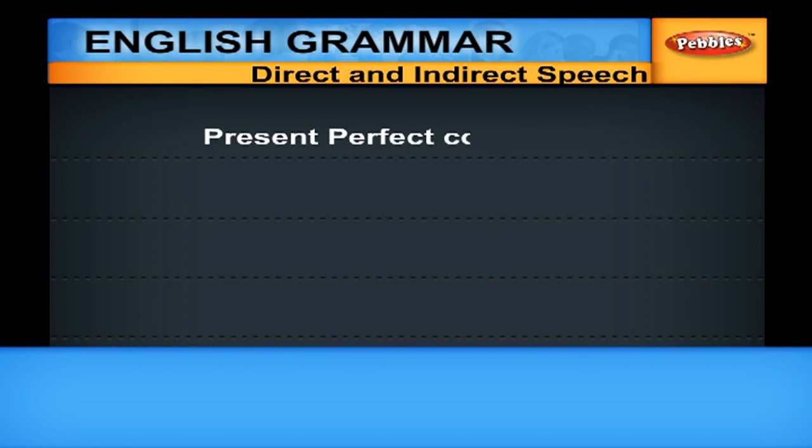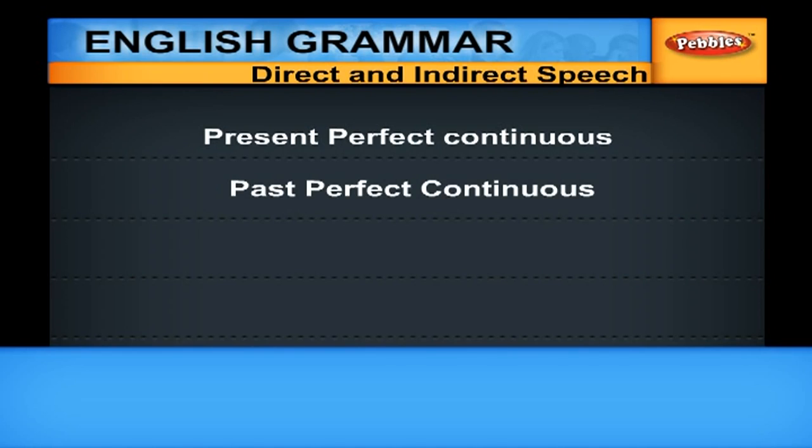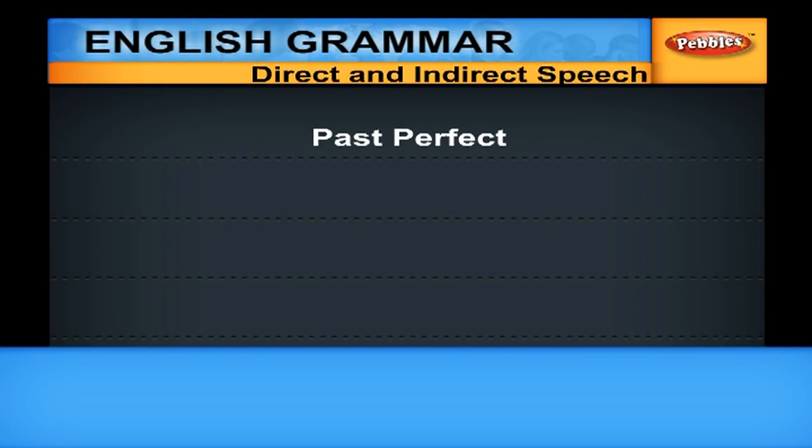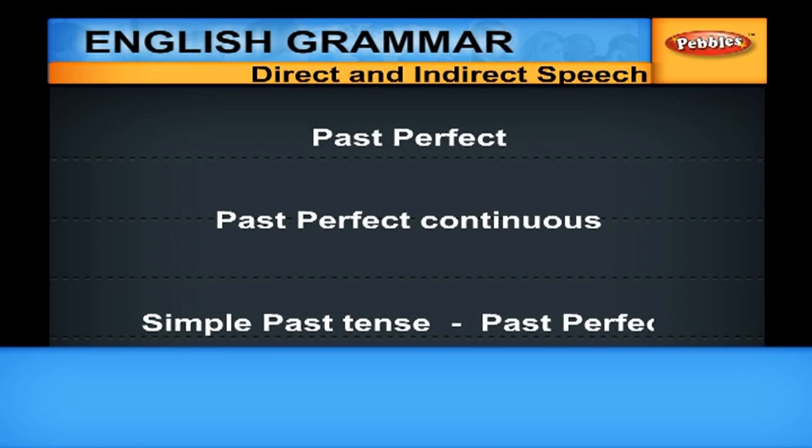Present perfect continuous will become past perfect continuous. Past continuous will become past perfect continuous. Past perfect will remain as it is. Past perfect continuous will remain as it is. Simple past tense will become past perfect.